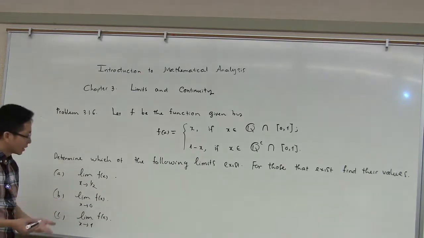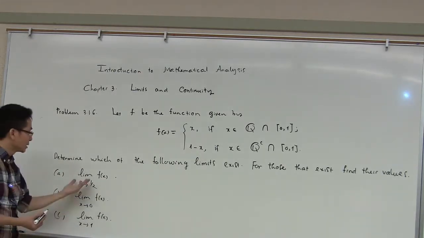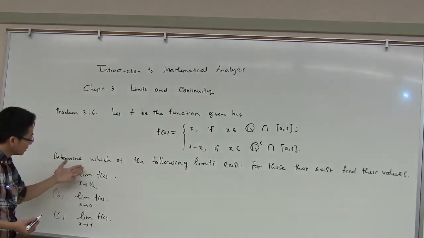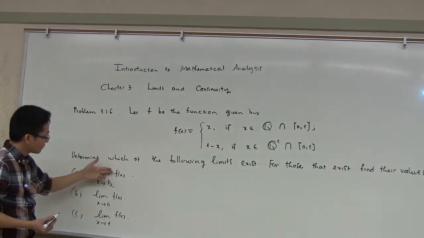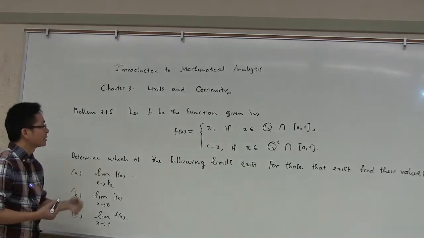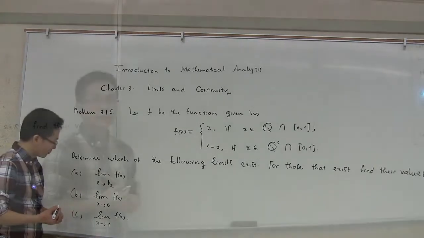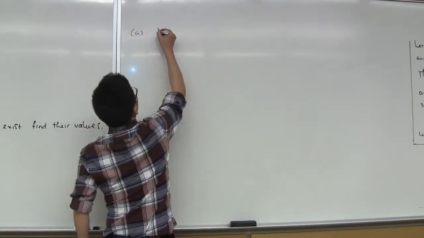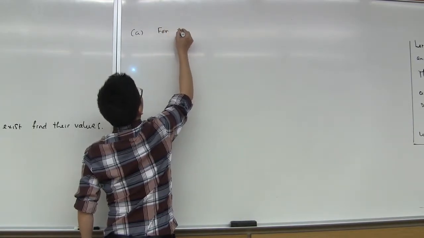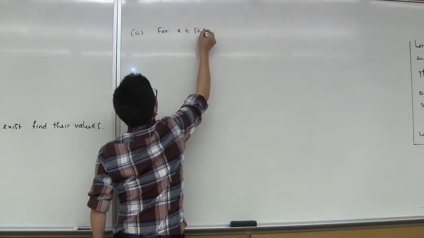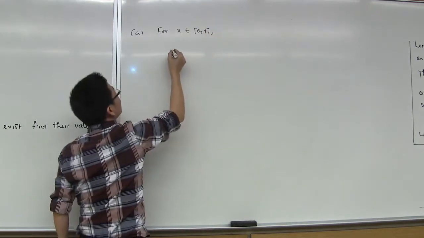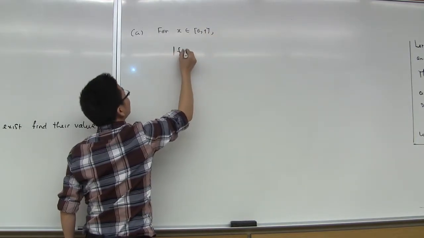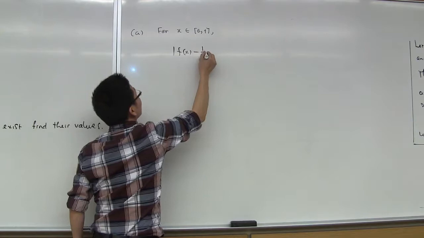Now we are going to use the definition of limit to justify that the limit of f(x) as x approaches 1/2 is 1/2. For any x in the interval [0, 1], we evaluate the absolute value of f(x) minus 1/2.